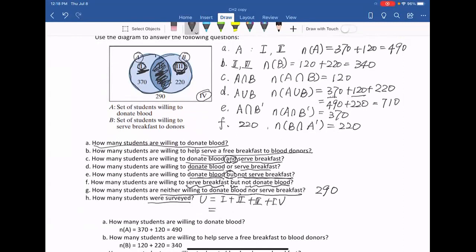How many of them? 370 plus 120 plus 220 plus 290 equals, let's see, 1000, I think, because we already calculated part of this in number D. So 710 plus 220 is 1000.